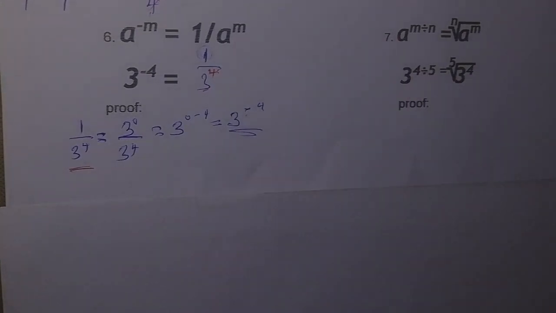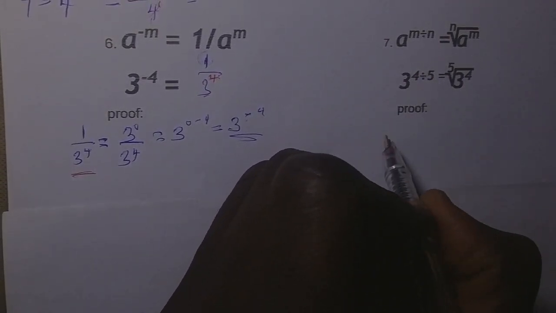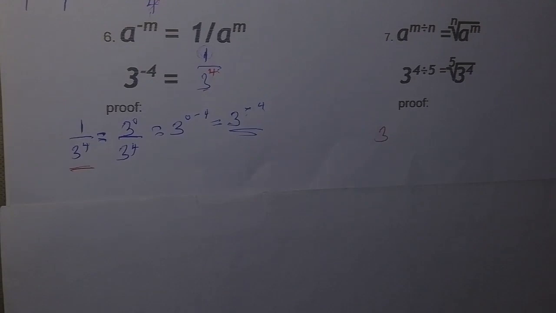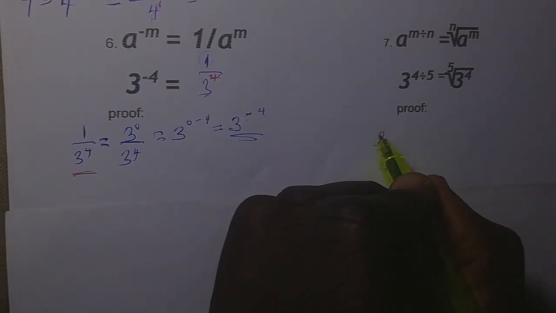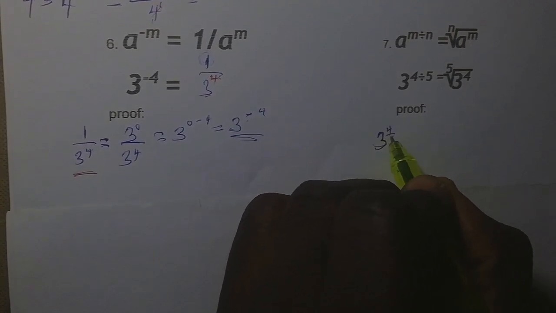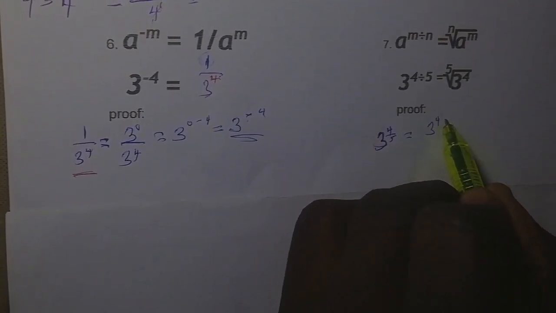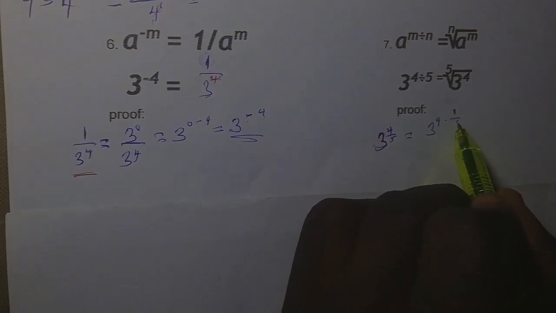One way to prove it is that, using this example, 3 power 4 over 5 can be written as 3 power 4 dot 1 over 5.